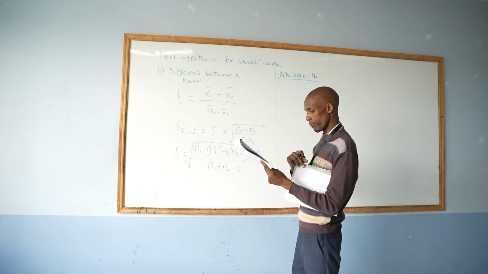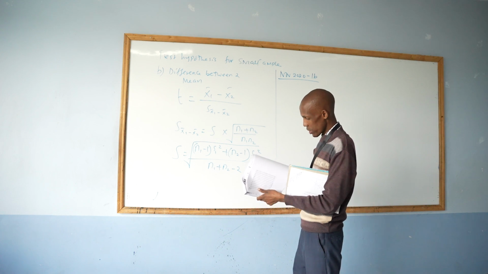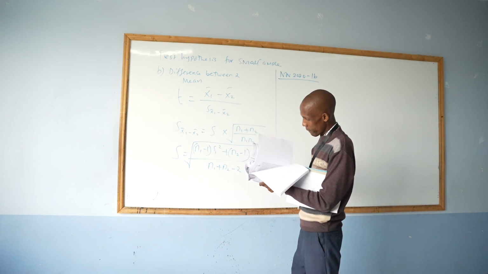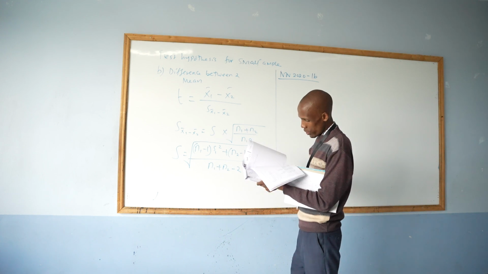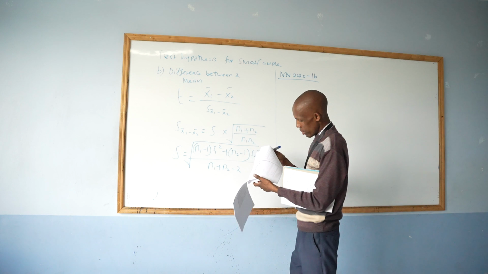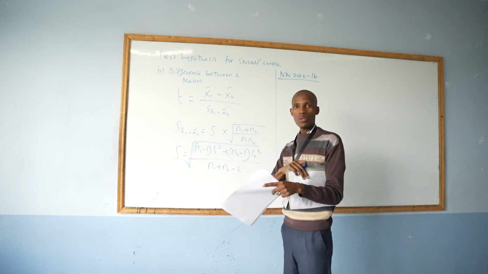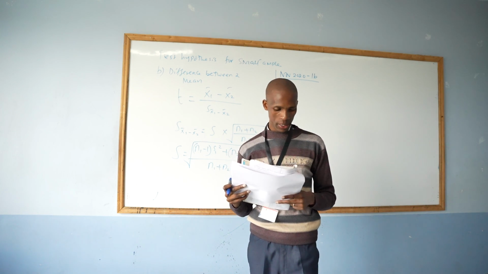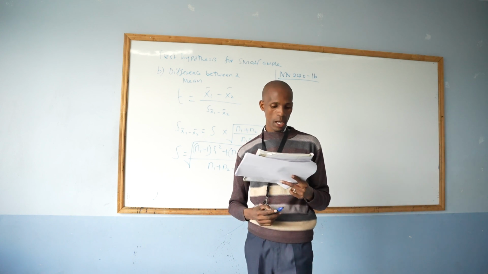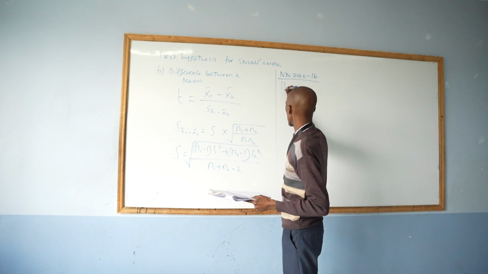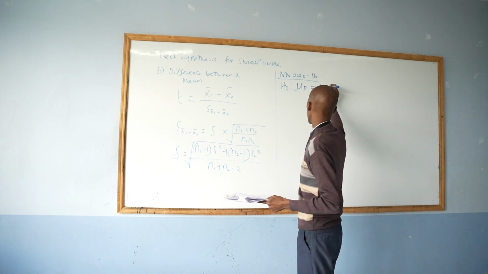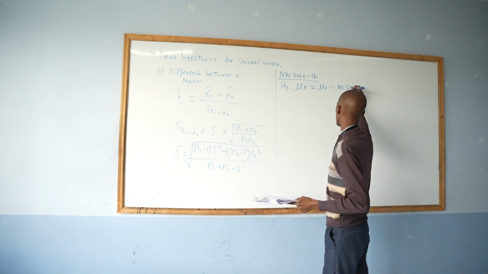In this question we were given daytime students and evening students, and we are told to find out whether there is a significant difference in the performance of the daytime and evening students. So our null hypothesis is that the mean of the daytime is equal to the mean of the evening, which means there is no significant difference.